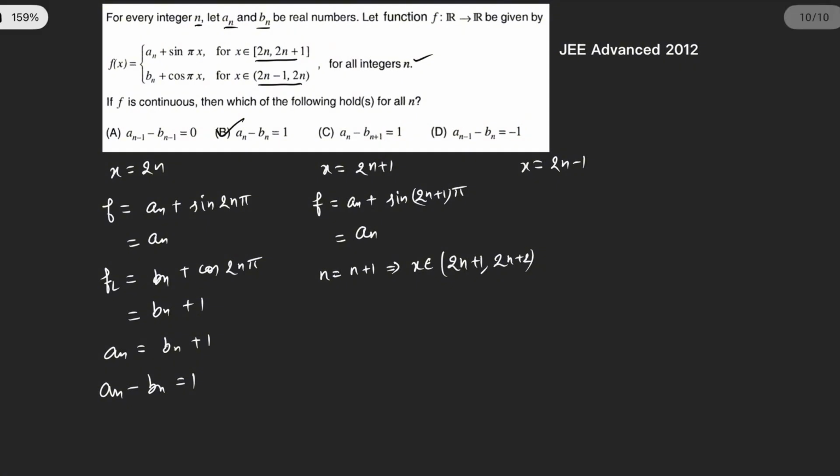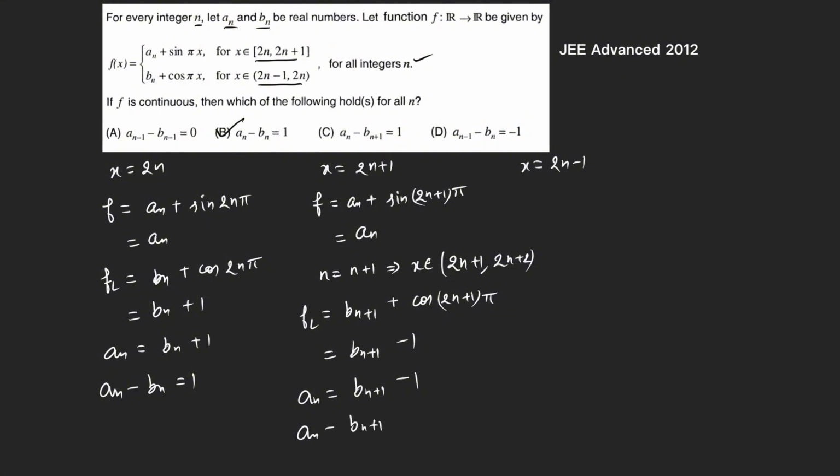And therefore, the limiting value of fl is equal to bn plus 1 plus cos (2n plus 1) pi, which is bn plus 1 minus 1. And therefore, finally, we have an equals bn plus 1 minus 1.